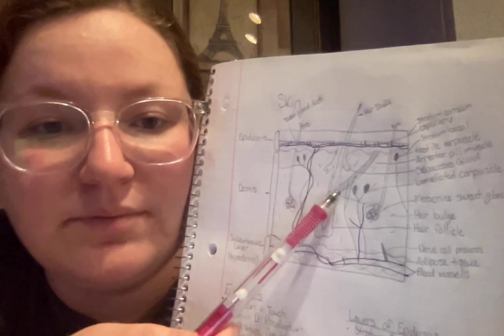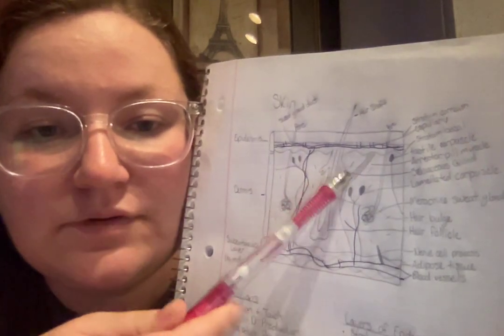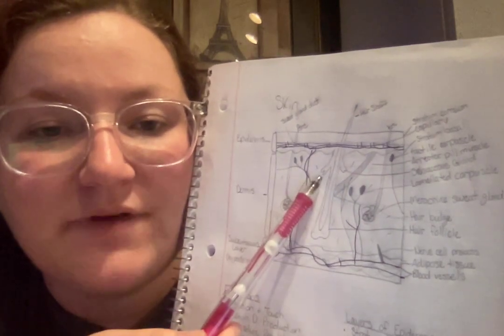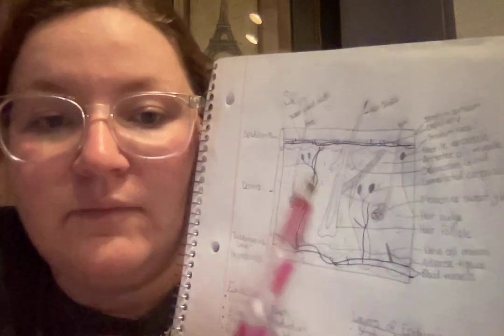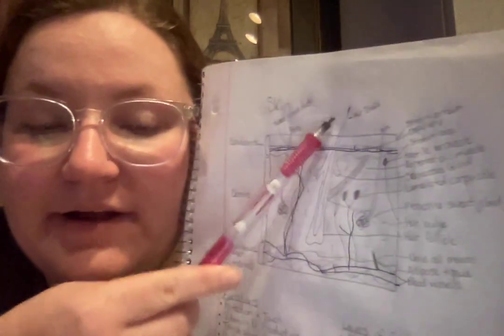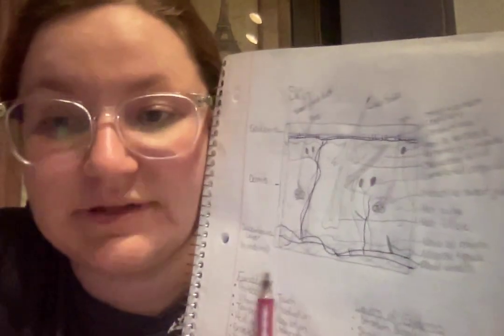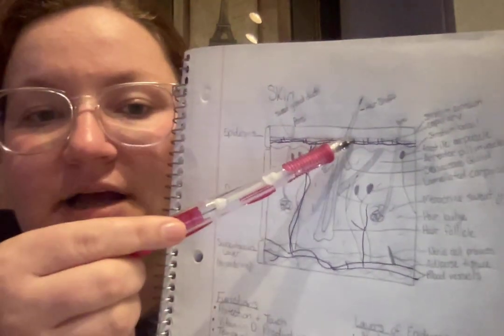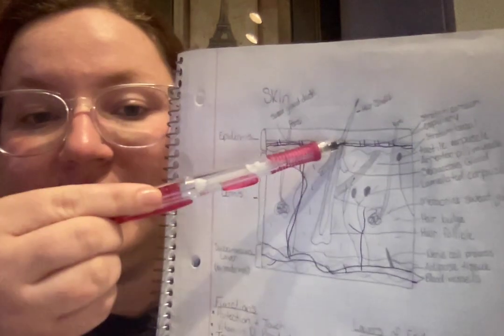We have a little hair bulge, and these little glands that come off of that hair follicle are the sebaceous glands. So this is what produces sebum, which coats the hair, to make it soft. It coats our body for an extra layer of protection, helps us with being waterproofed. And then we have the hair shaft, which is what comes out of the body. So anything after that epidermal layer that breaks through, that is the hair shaft.